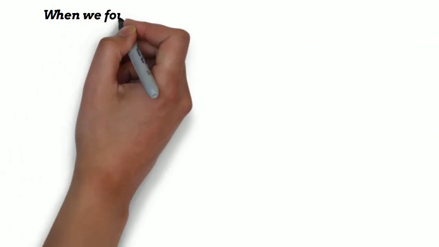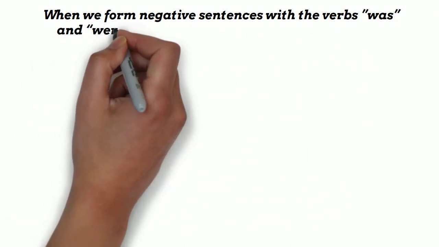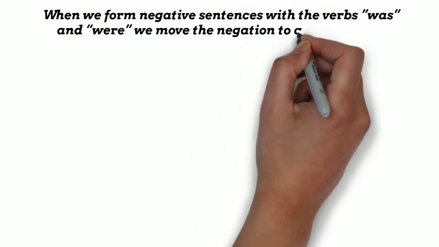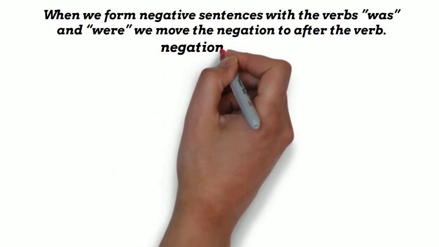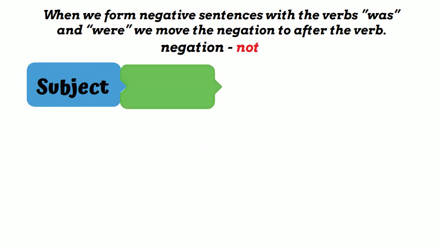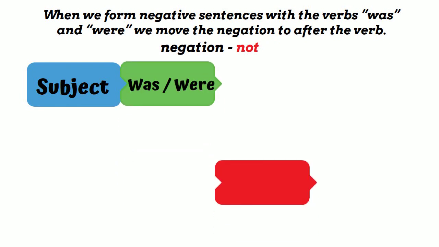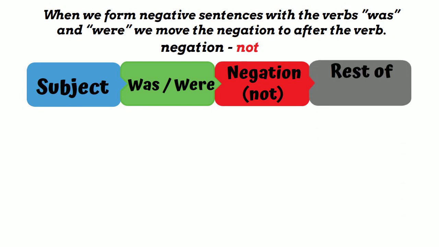However, when we form negative sentences with the verbs was and were, we move the negation to after the verb. Note that the negation used is simply not. Subject, was, were, negation not, and the rest of the sentence.